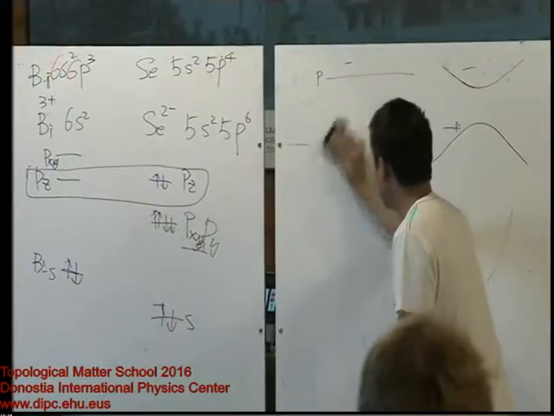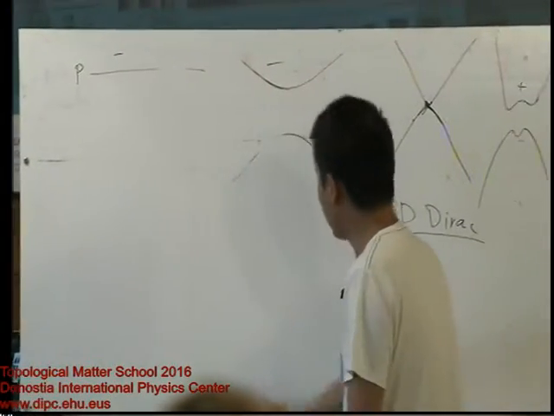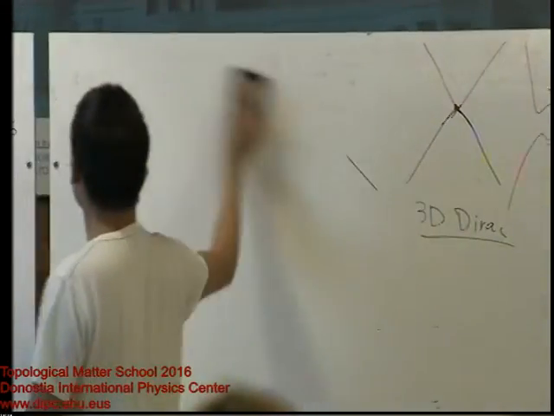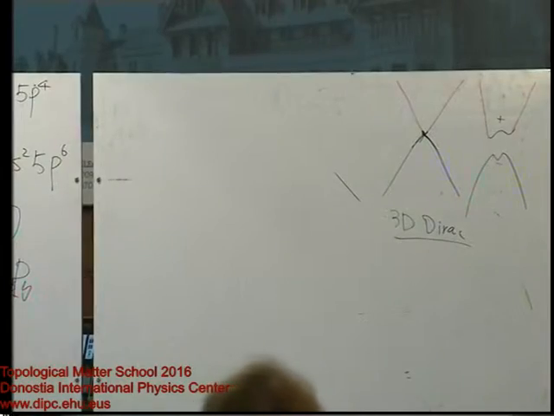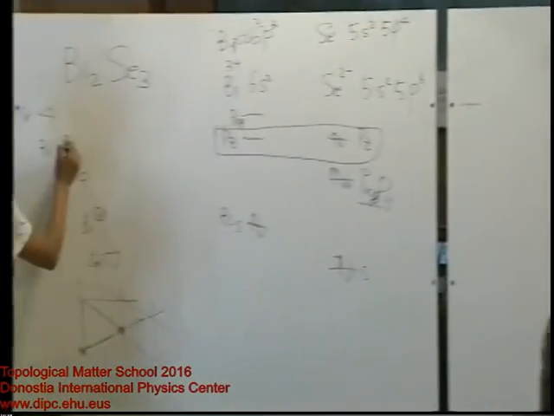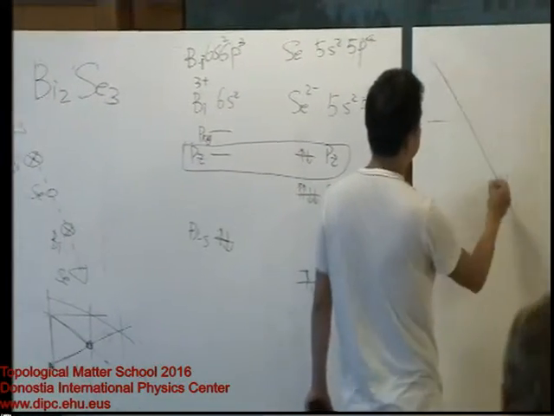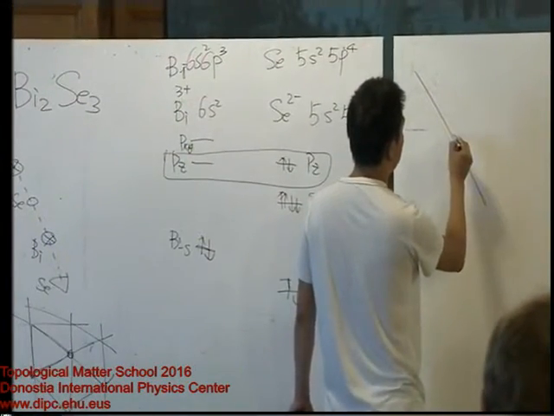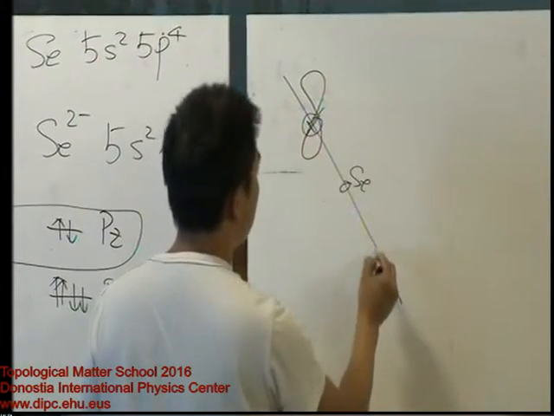Then let's observe the parity, whether their parity is opposite. If you put a PZ on bismuth, this is the inversion center, this is selenium, this is bismuth, this is the PZ.